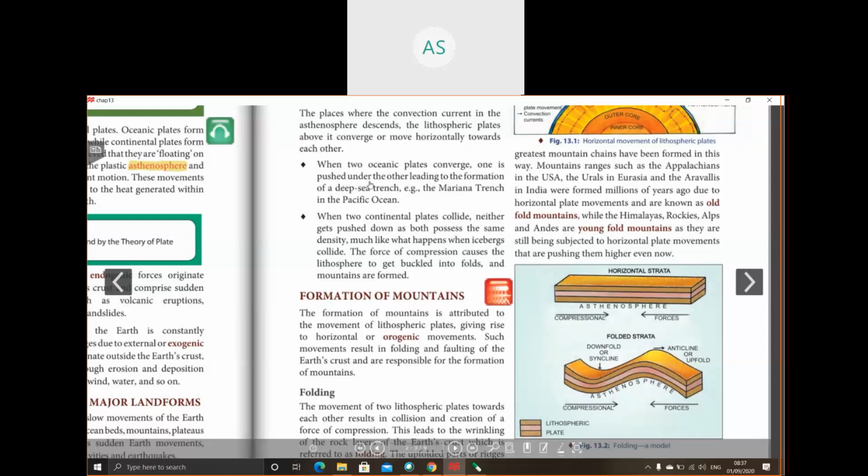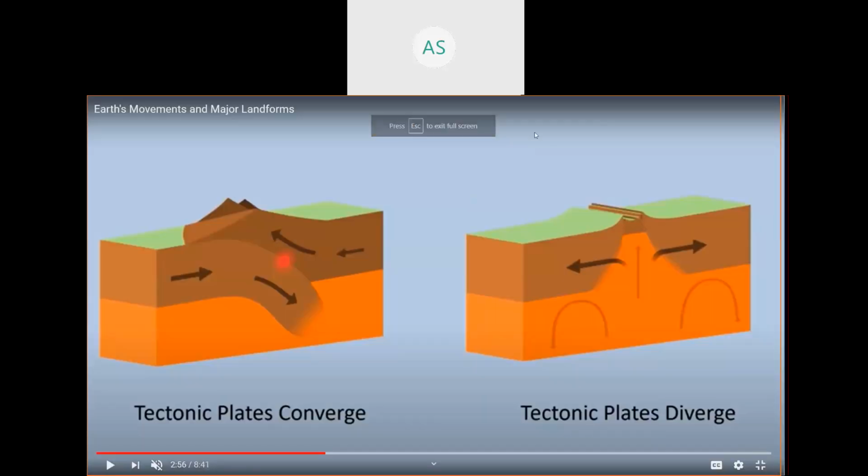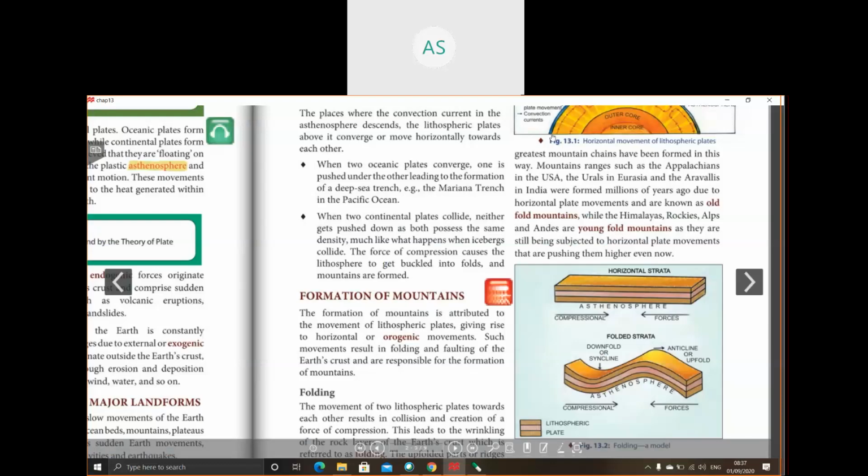As you can see in this convergence, one is pushed under the other. This is constant, this is moving. One is pushed under the other, leading to the formation of a deep sea trench.